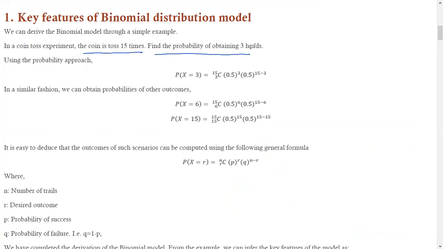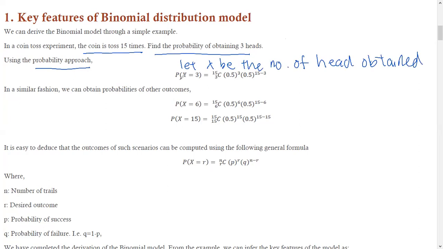We are going to use the theoretical probability approach. Let x be the number of hits obtained. So what we need here is the probability of x equals 3.